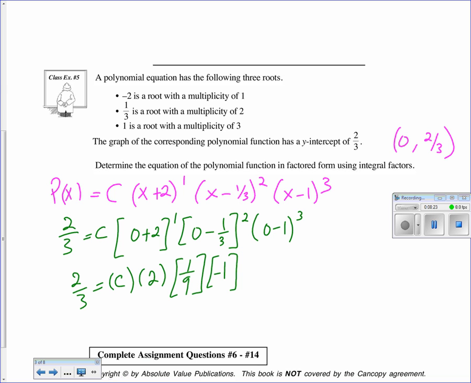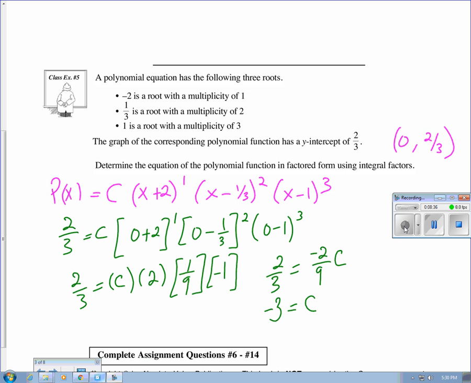Gotta watch that sign. So 2/3 is equal to negative 2/9 c. What's c going to be? So if you take a look at your manipulation for c, my c value is minus 3.